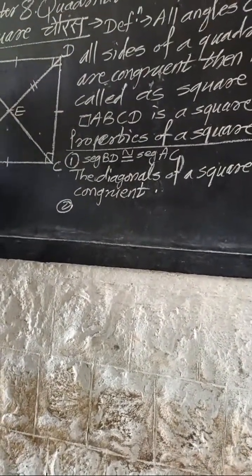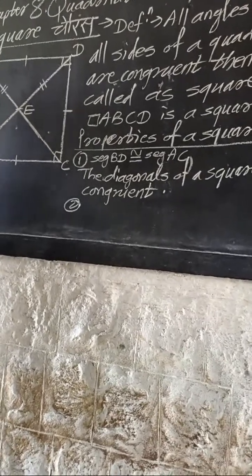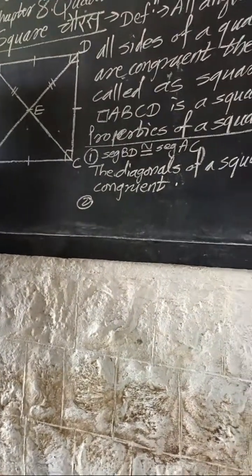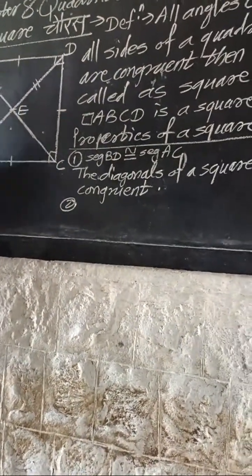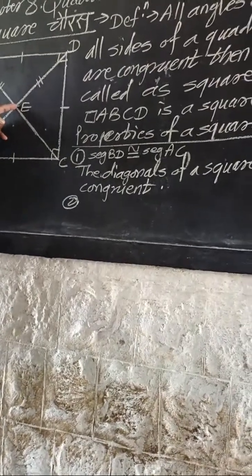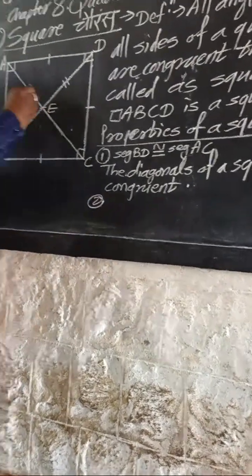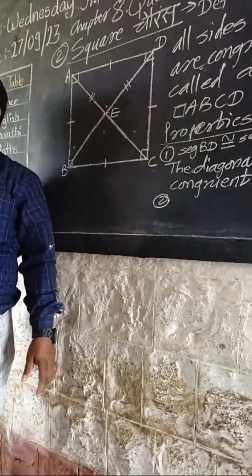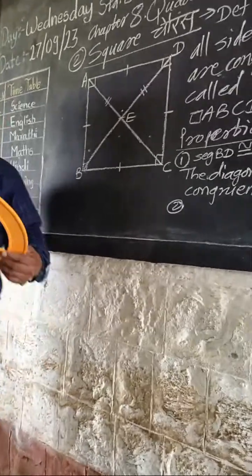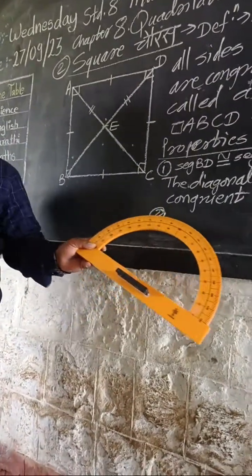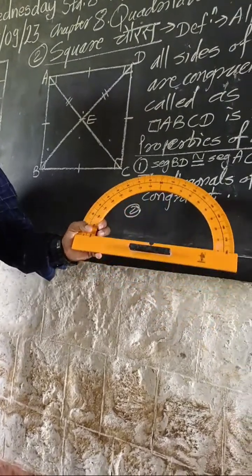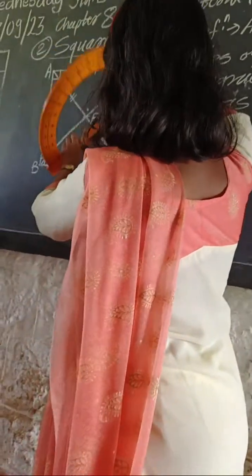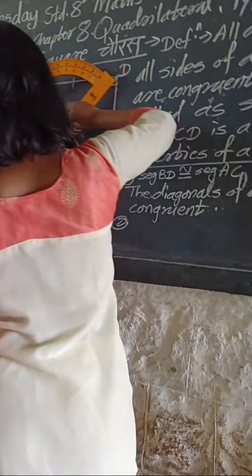Then the second property. Here we measure the angle. Who can measure the angle? Yes, come here. Measure this angle here.